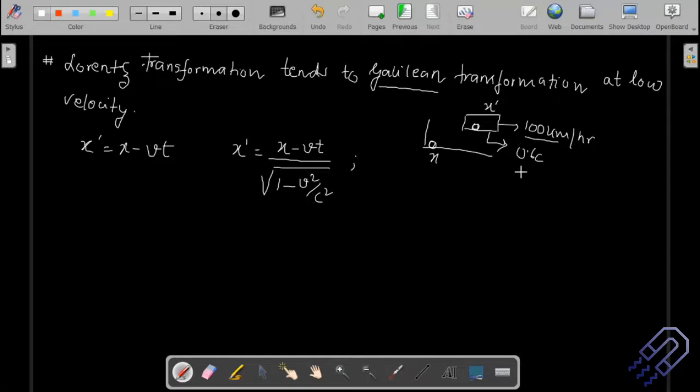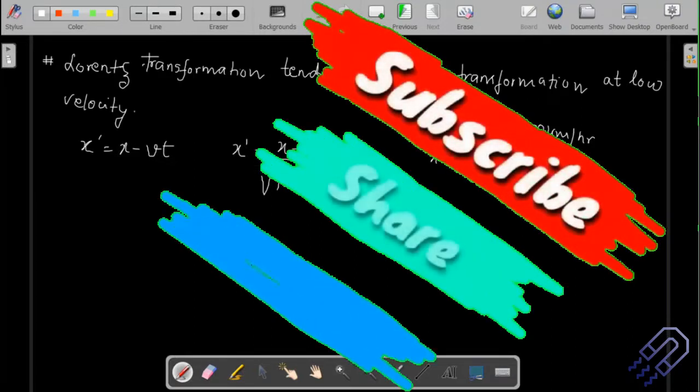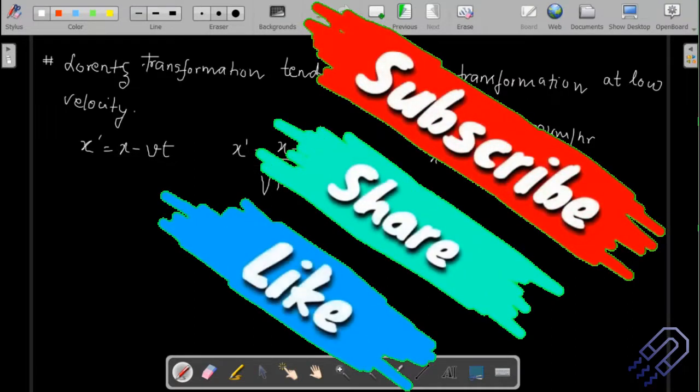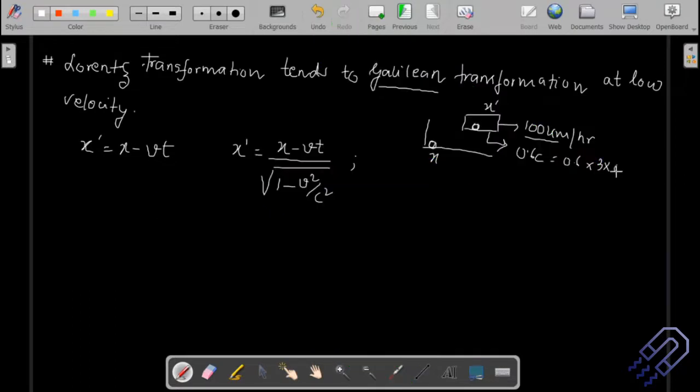That means the velocity is 0.6 into 3 into 10 to the power 8 meter per second. If this situation exists, which is not true, but hypothetically, then the formula would be this and not this. This is what is meant by frames of reference.